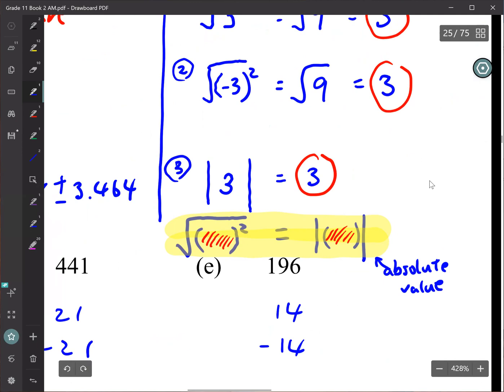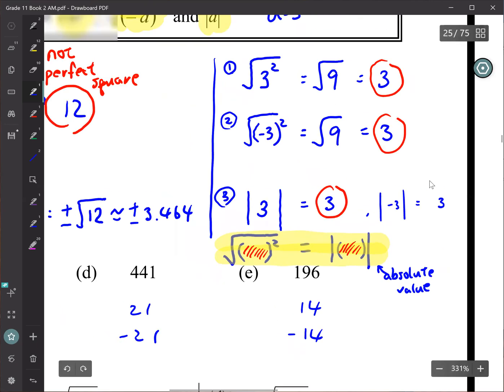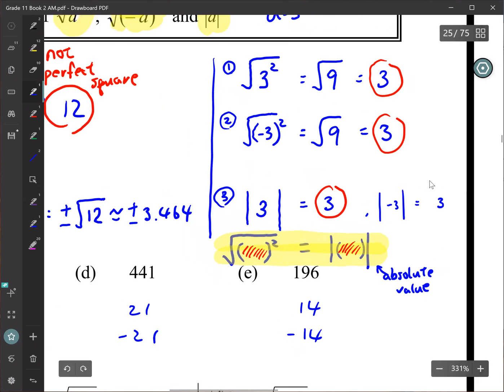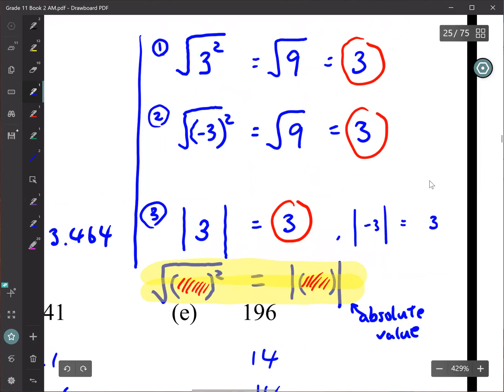It makes whatever is inside the absolute value or the brackets become positive. So if I have the absolute value of -3, it just makes it equal to 3. It does the same thing as 1 and 2. Inside is positive, it stays as positive 3. Inside is negative 3, also called positive.